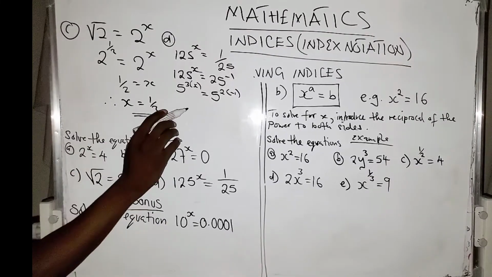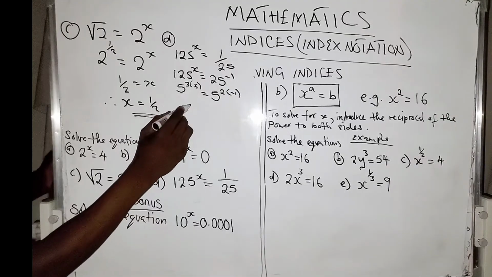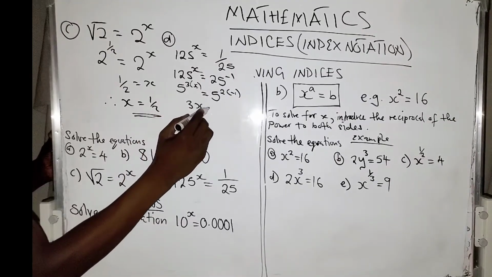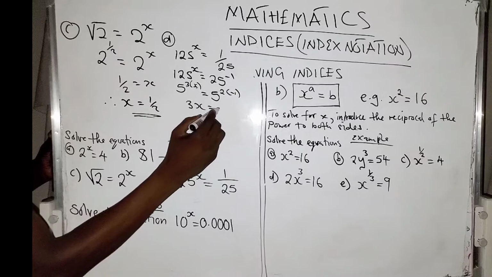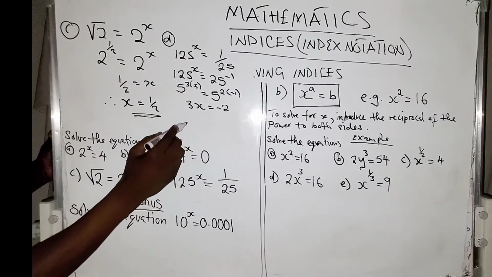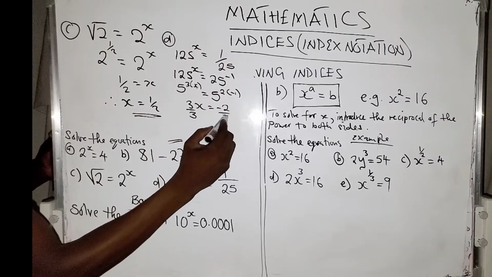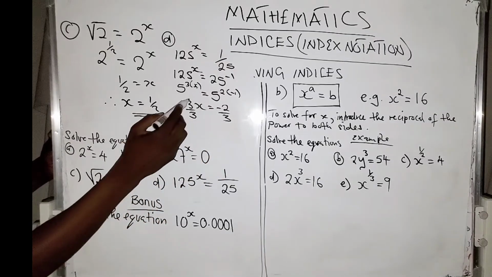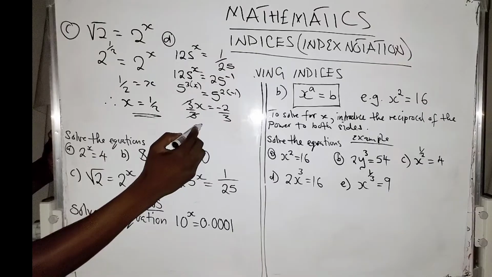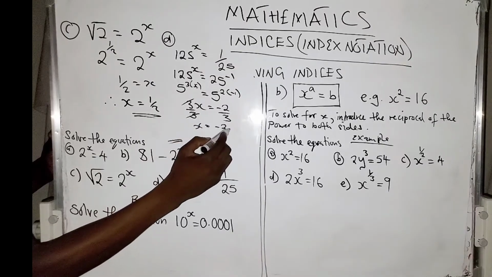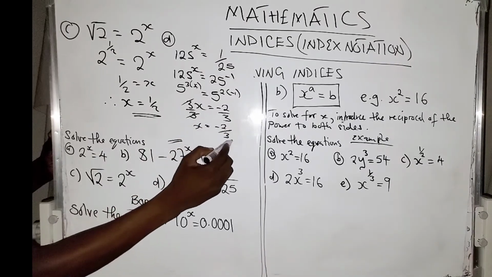Mathematics will be okay. So 3 times x equals 2 times negative 1. Then what do you do here? You divide both sides by 3, like this. Then this and this cancel. Therefore, x is negative 2 over 3.